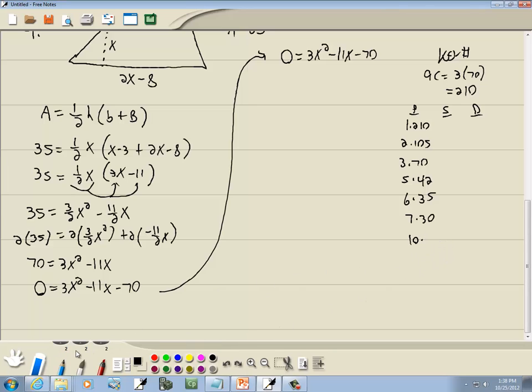Actually, that's the one I want right there, but let me see if I can spot any other ones. Probably not. I can't go much higher than that without a calculator.